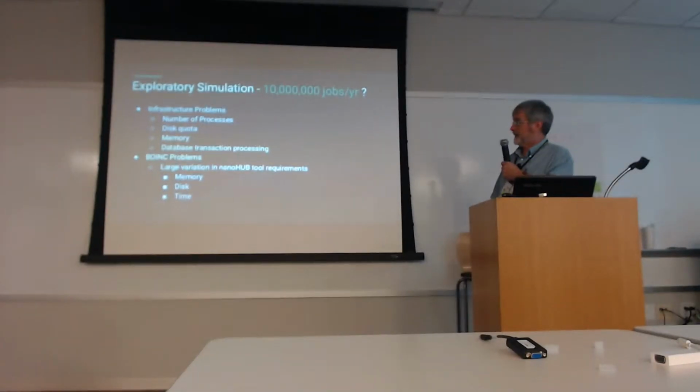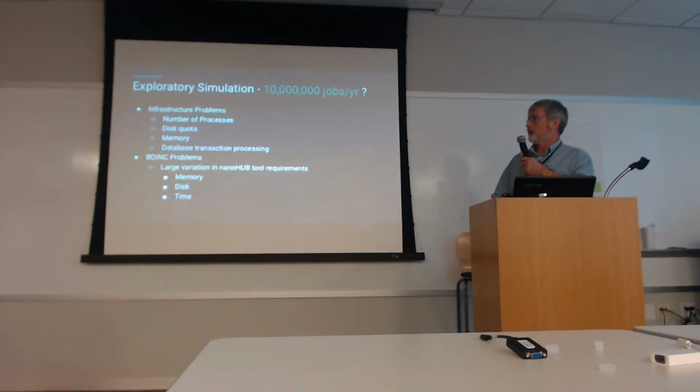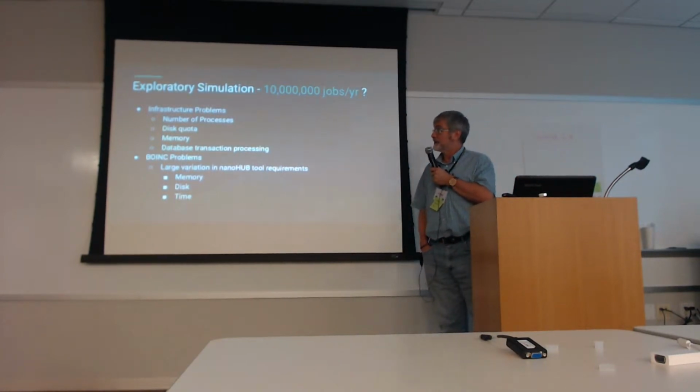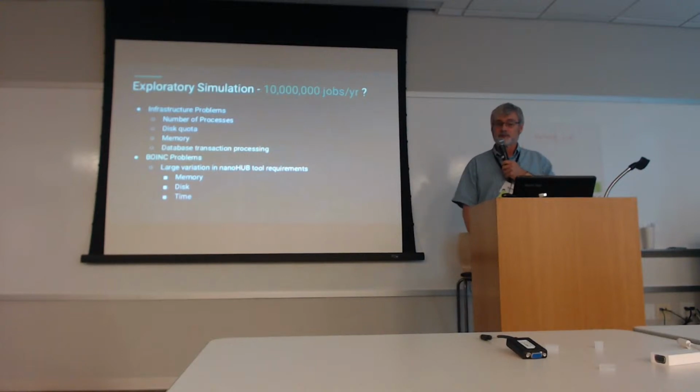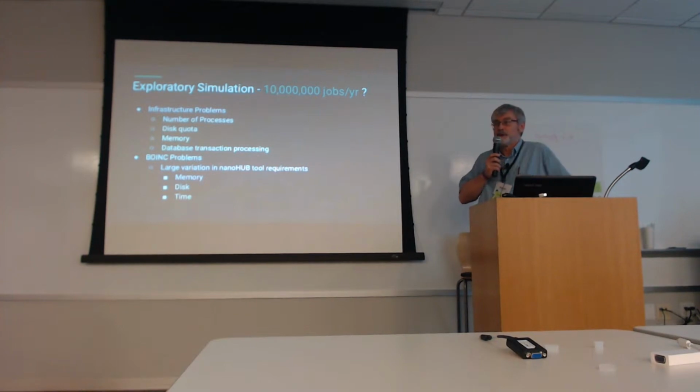We hit a lot of roadblocks in trying to do this. Some of the roadblocks were BOINC related. The bigger roadblocks were related to the rest of the NanoHub infrastructure. When we tried to submit more than about 1,000 batches at a time, we ran out of processes on the Unix machine, which had the default limit of about 1024.